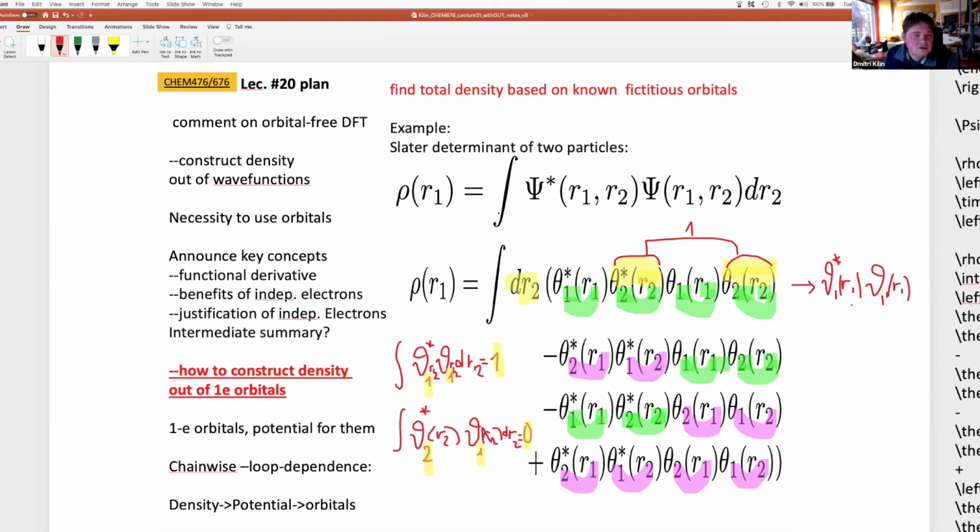Now let's continue. In the second line, I have R2 here and R2 there. The indices of theta of these wave functions are different, right?